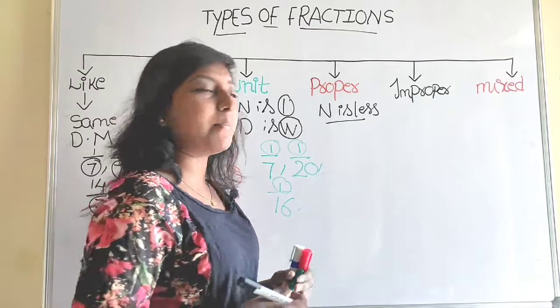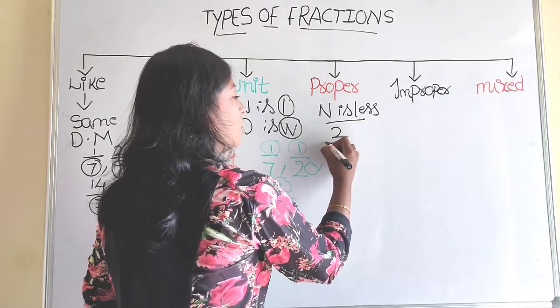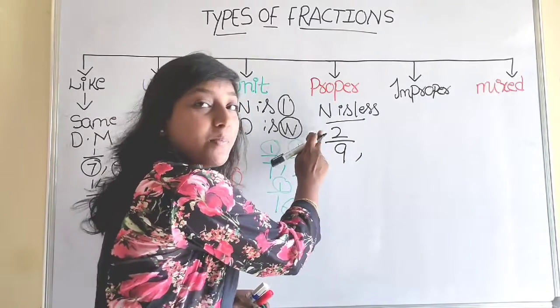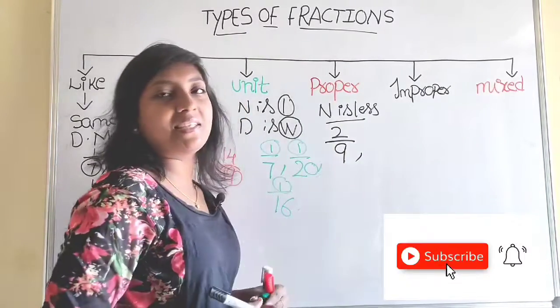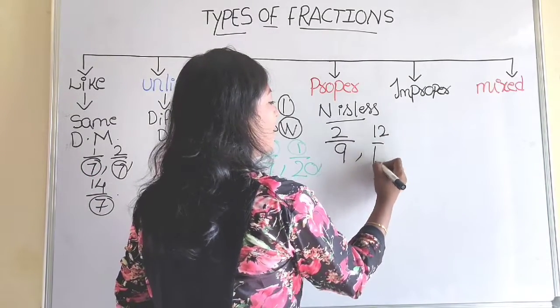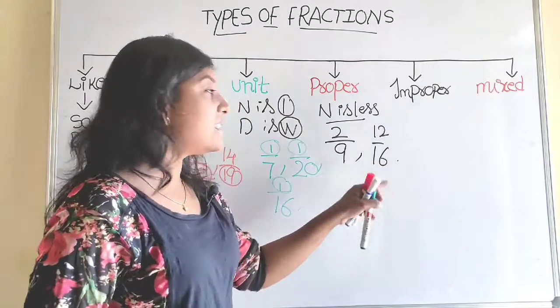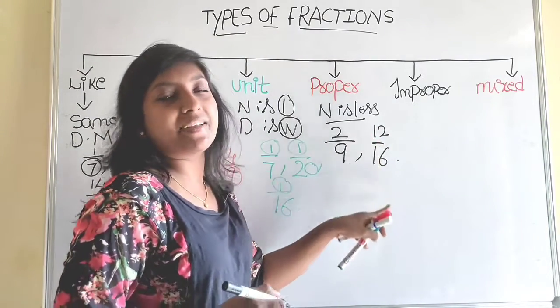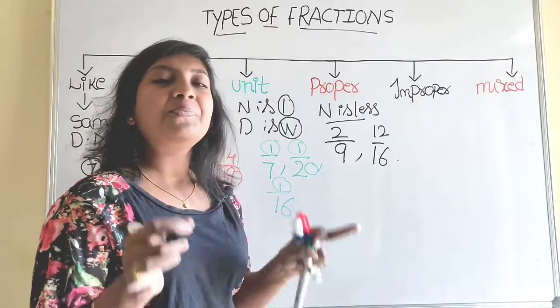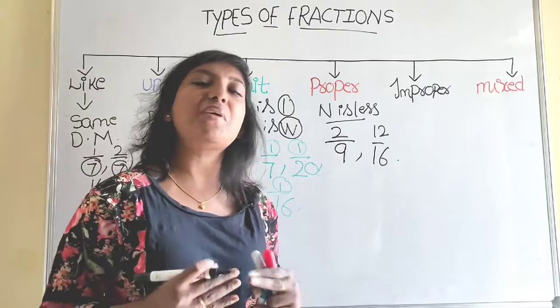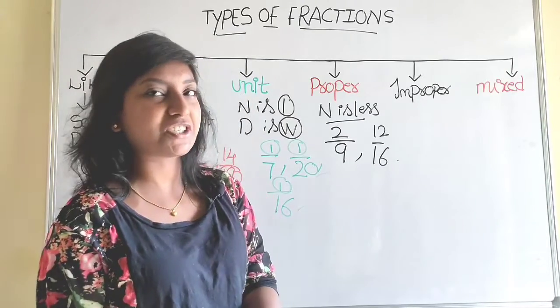Let's take some examples. Here I am taking 2 by 9. If you observe, the numerator is small compared to the denominator. In the same way, the next one, that is 12 by 16. This example also has the numerator value less compared to the denominator. So, if the numerator value is less compared to the denominator, those fractions are called proper fractions.